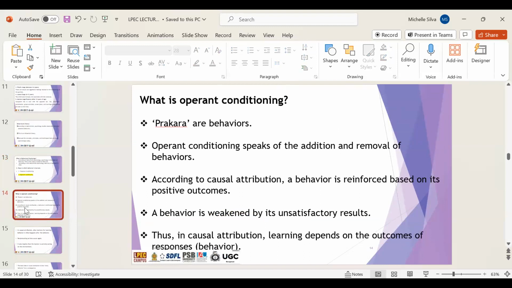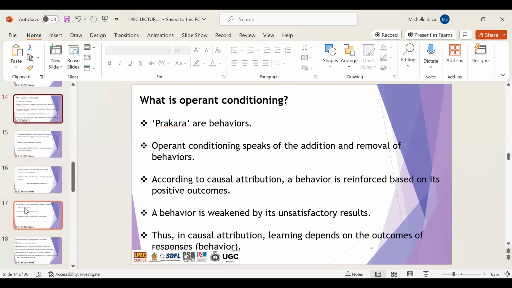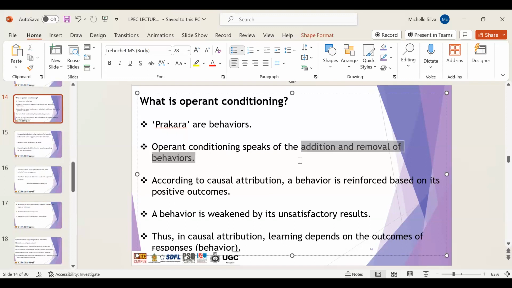So let's try to understand what is meant by operant conditioning. We know that external behavior is a very core factor for operant conditioning, and operant conditioning speaks of the addition and removal of behavior. So if we want to encourage a person's behavior, we have to give reinforcement. If we want to discourage a person's behavior, definitely we have to give punishments.